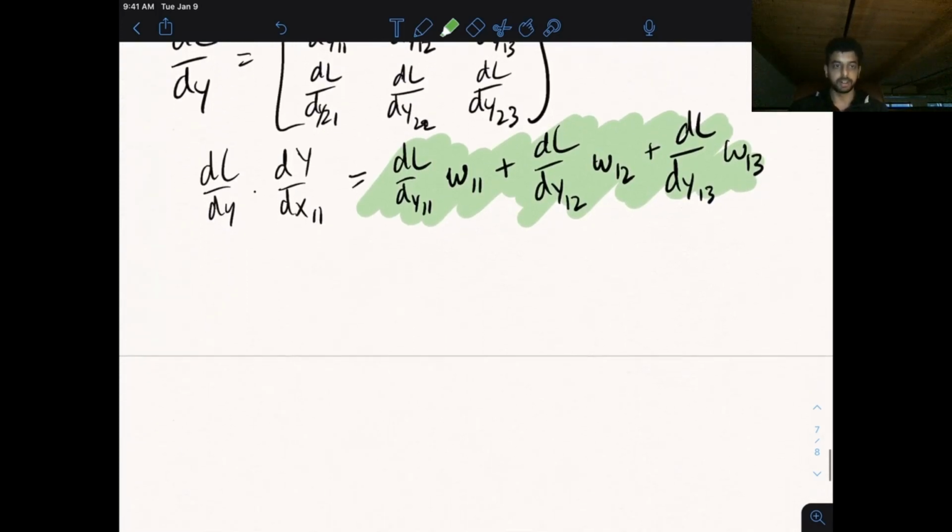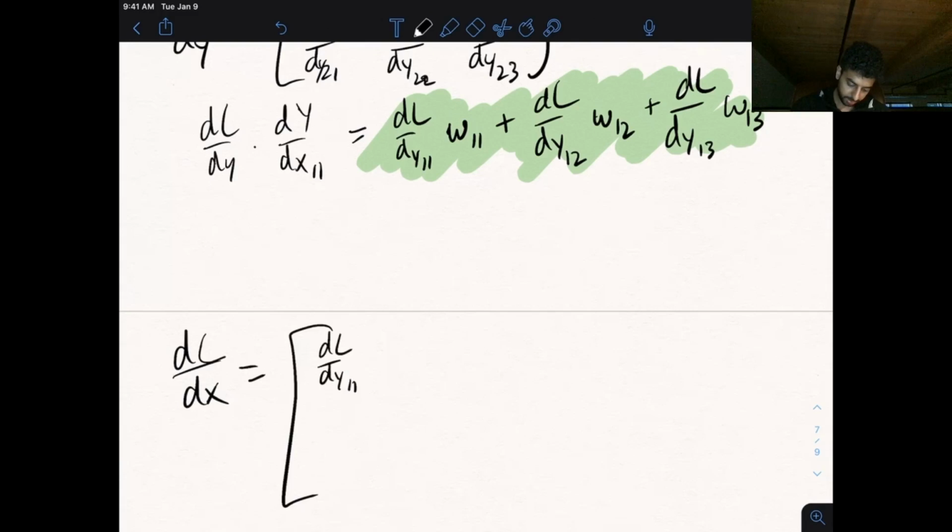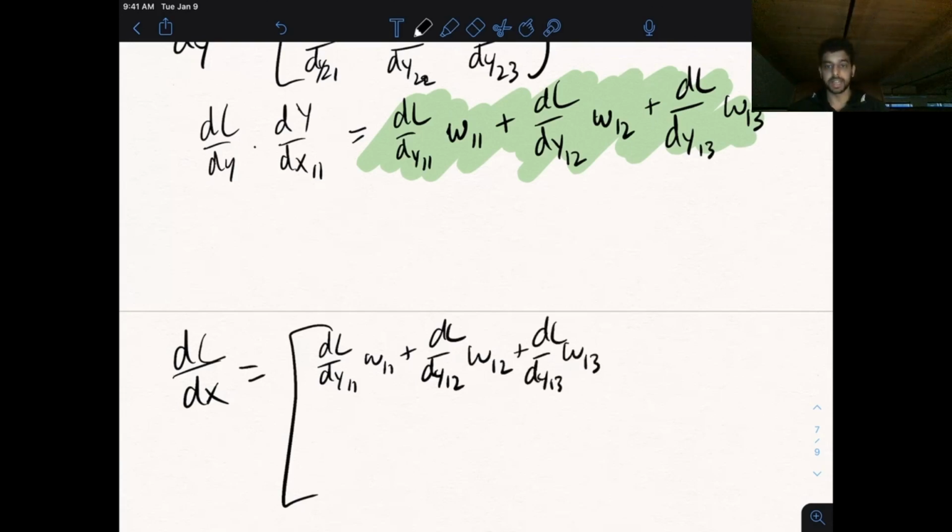So if we rewrite now this dl dx using what we've just computed, first we'll plug in this green part. And then the second element kind of just follows.